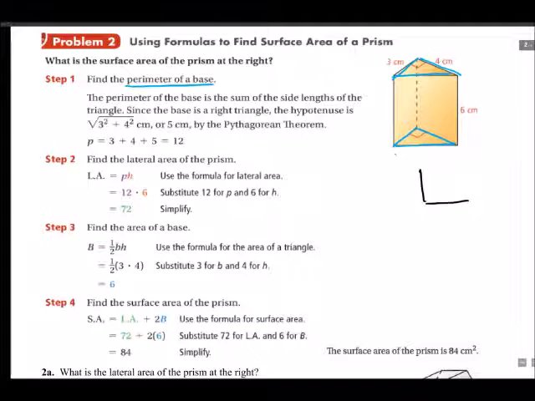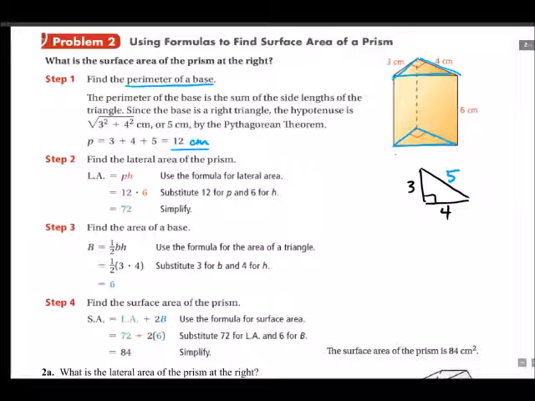I am going to draw my triangle here and label it. We know that this side is 3 and this side is 4. And if you were paying attention a few minutes ago, you know this is a Pythagorean triple, a 3, 4, 5 right triangle. You could also use the Pythagorean theorem if you don't recognize your Pythagorean triples. And now we can find the perimeter. We simply add it up, and our perimeter is 12 centimeters.